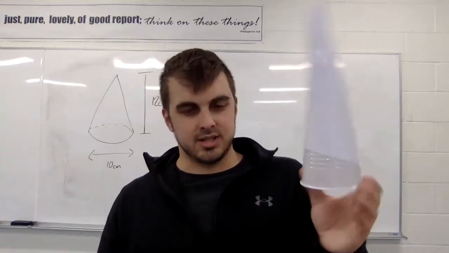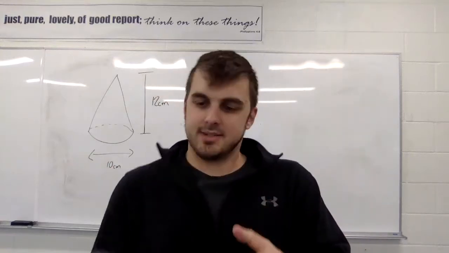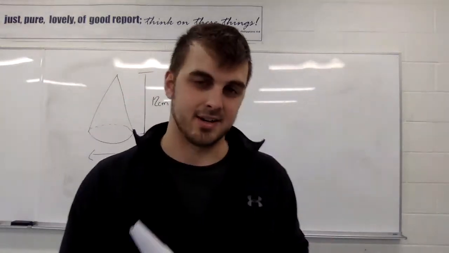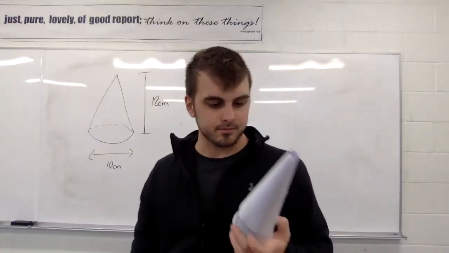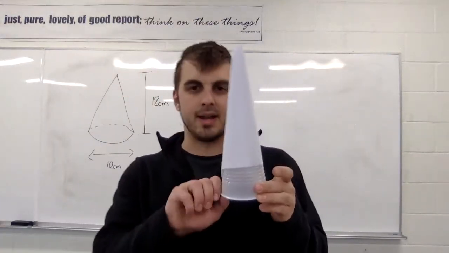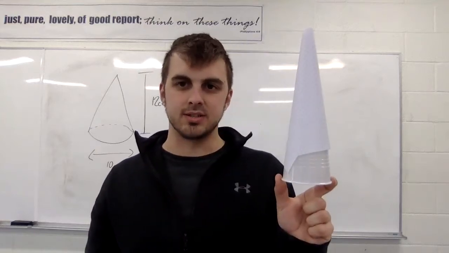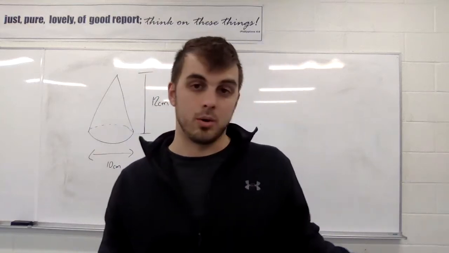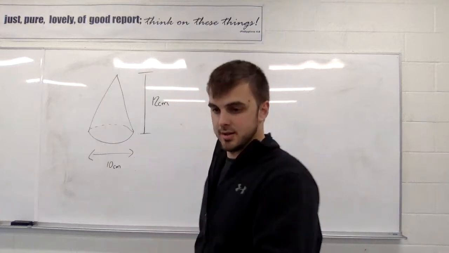If you know the base and the height, how can you figure out slant height? Keep in mind that what you see is all that you need to see when you're figuring out slant height of a cone or a pyramid for that matter. I'll just show you what I mean by that here.